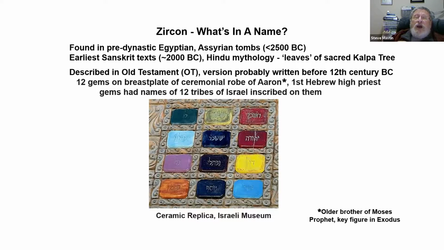And the way it's described is as one of the 12 gems on the breastplate, and there's a replica down below of the ceremonial robe of Aaron, who was the first high priest of the Jews and the older brother of Moses, and a key figure along with Moses in the Exodus. And I want to concentrate on that yellow rectangle in the third row down on the right, in particular.